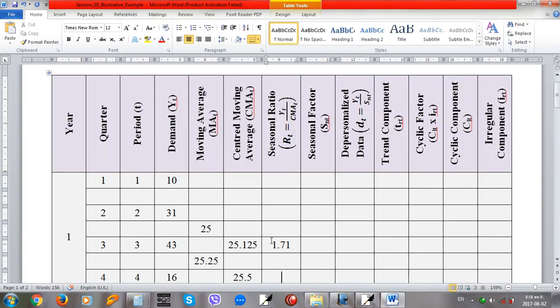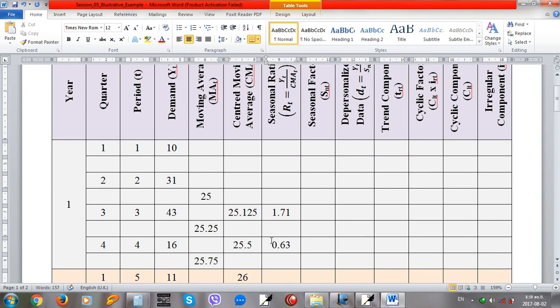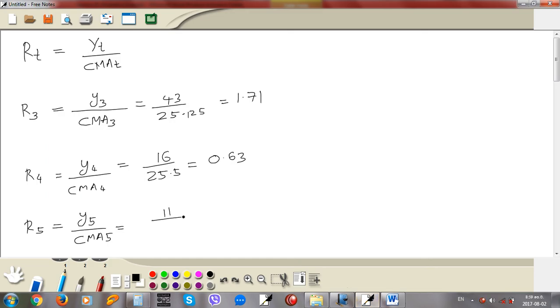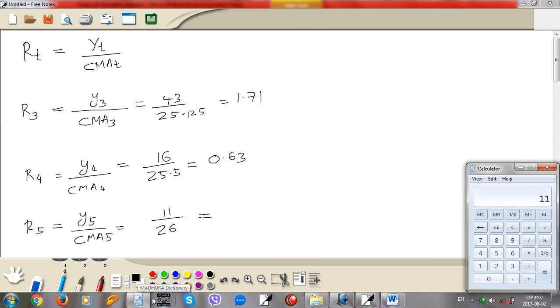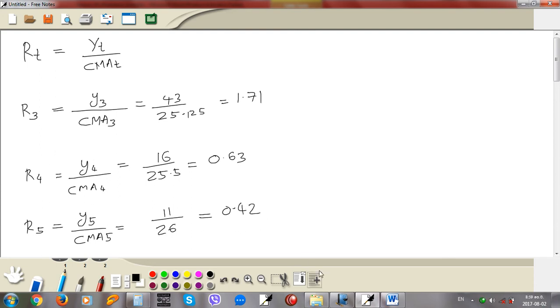Here 0.63. Then to find R5, it means Y5 divided by CMA5, that is 11 divided by 26. The value comes to 0.42, right?